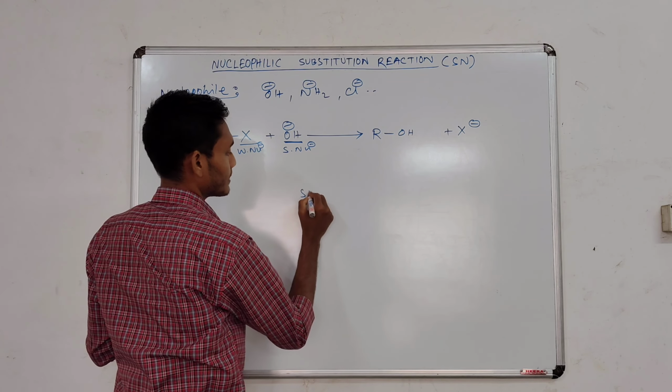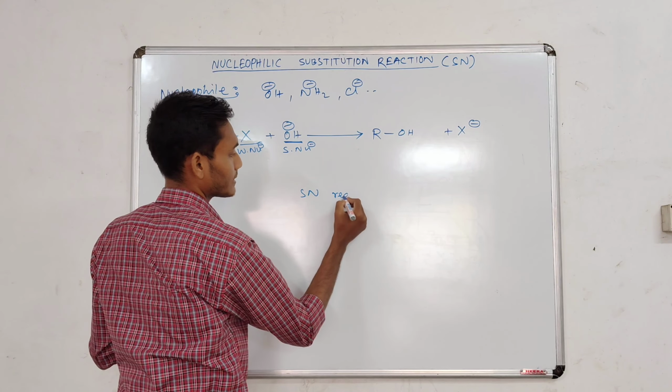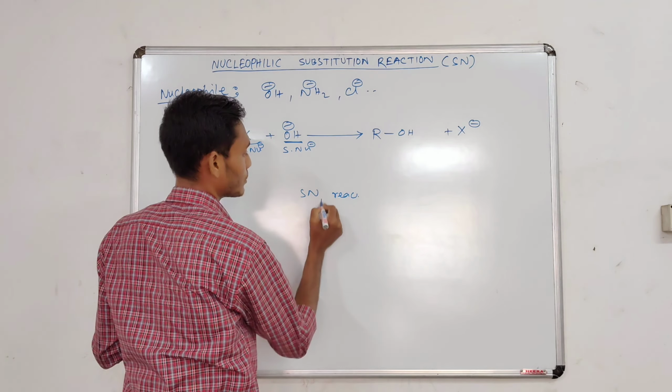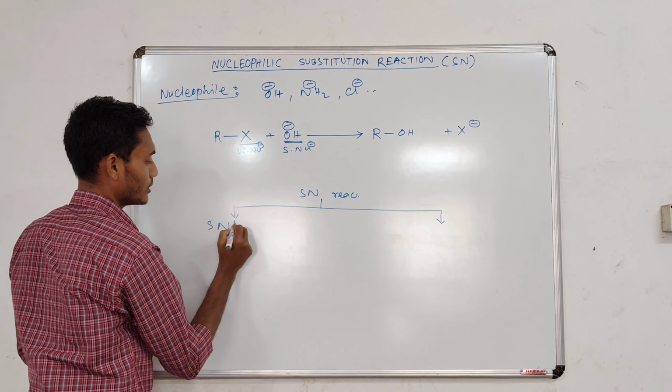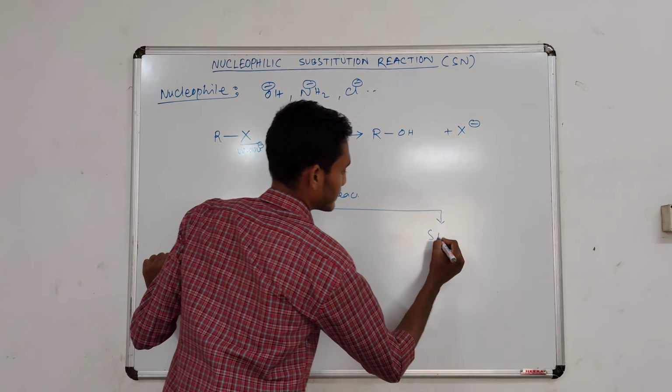Now remember that nucleophilic substitution reaction, in short we can write SN. SN reactions are of two types, SN1 and SN2.